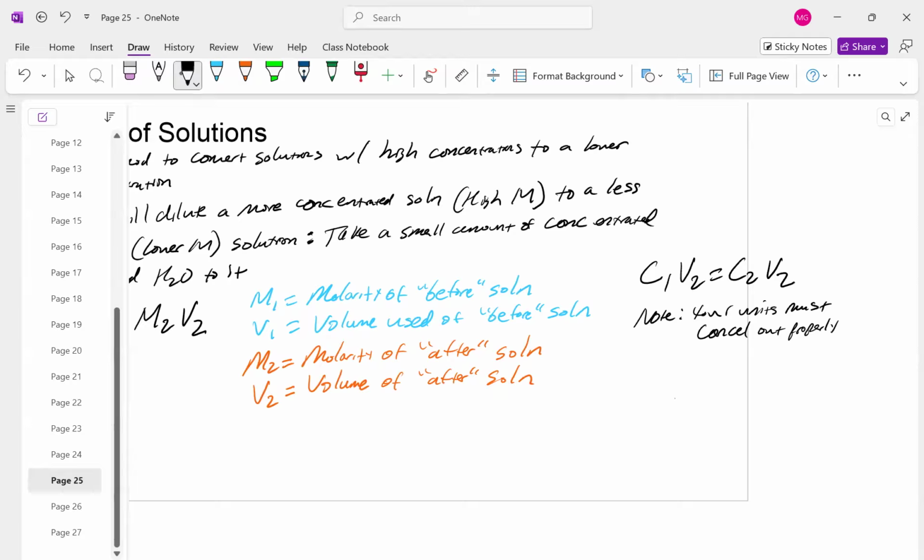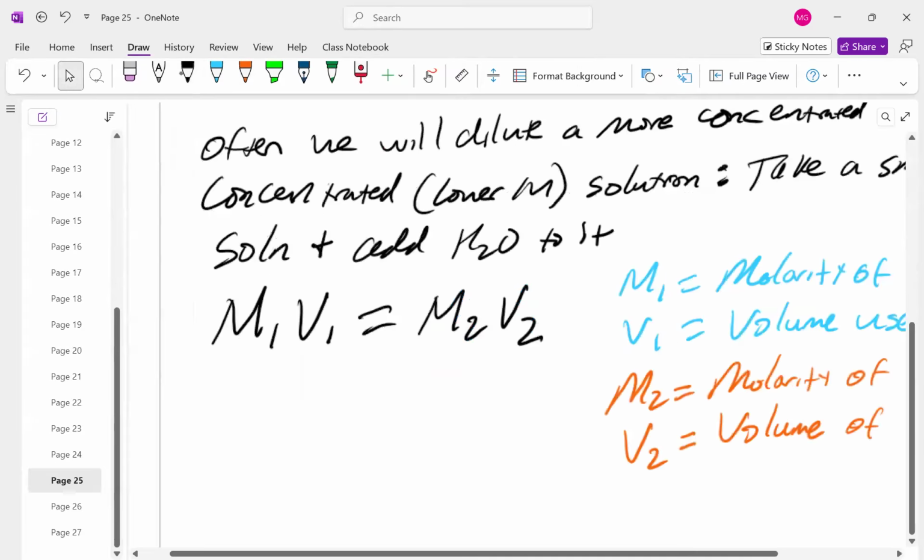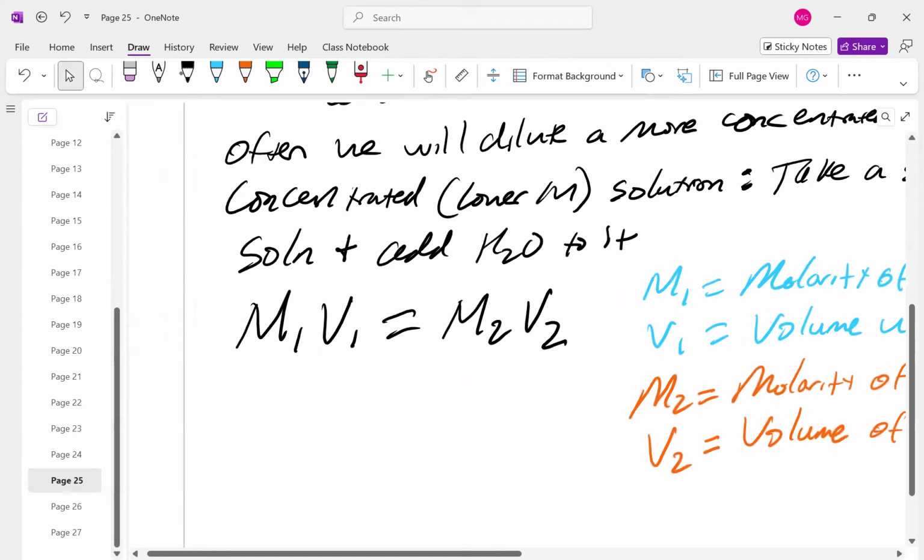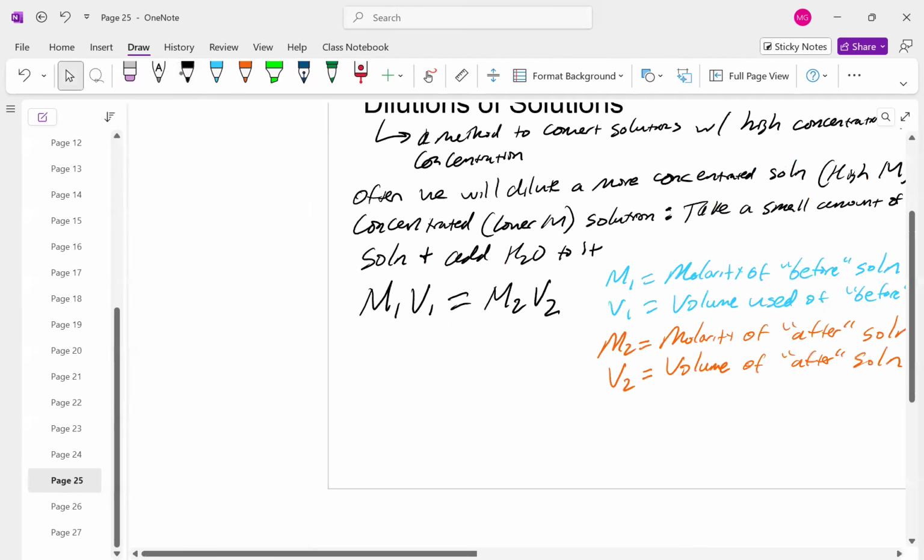They all have to be the same units so that they cancel out properly. And the same thing is true for using molarity. My volumes can't be in different units. I can't have cubic centimeters for one and liters for the other. So they all have to be the same units.